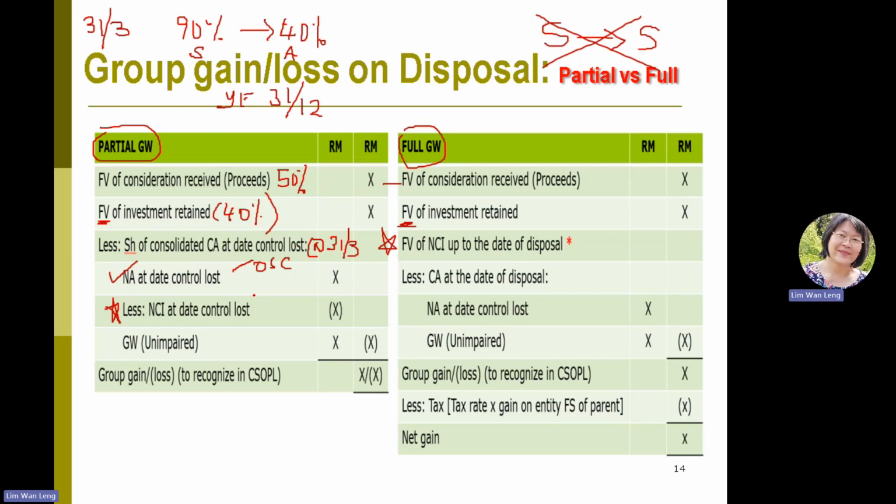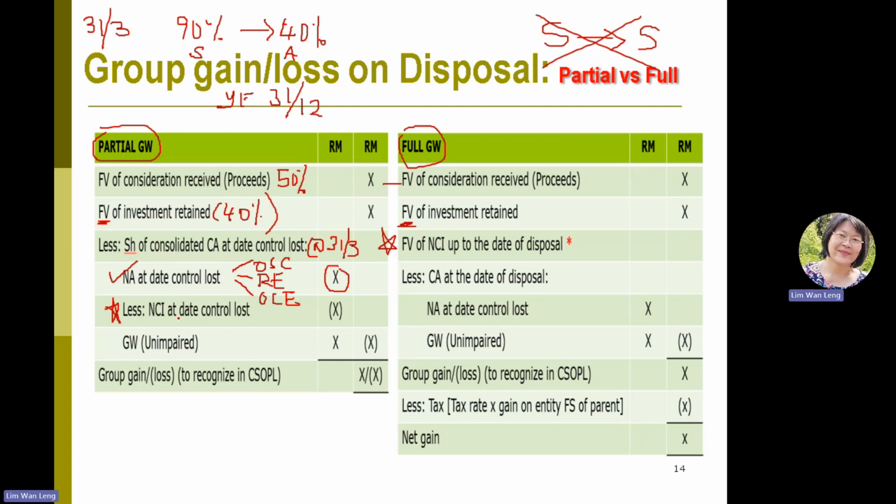Or the net worth is actually equal to the shareholders' equity. So which means OSC, RE, and then maybe you have OCE, stuff like those. Okay, so you compute the status up to the date the control is lost, which means up to 31st March. Okay, you will get this figure.